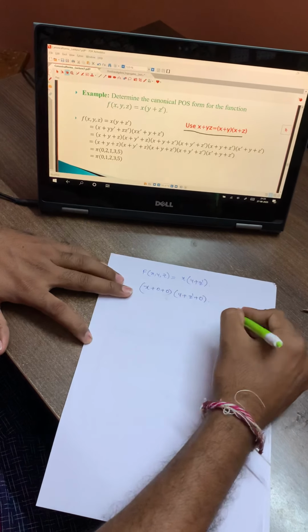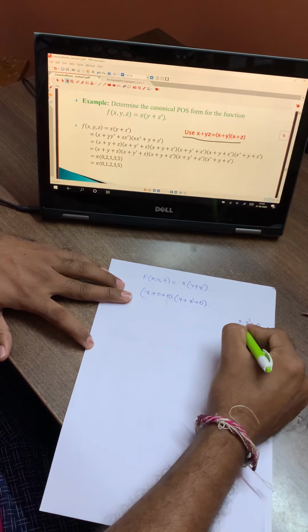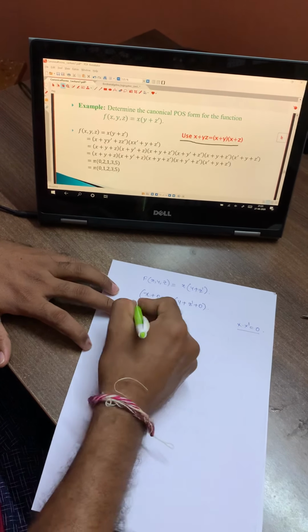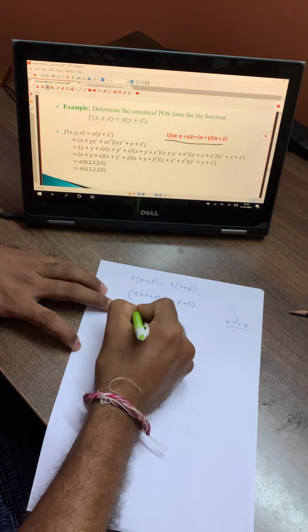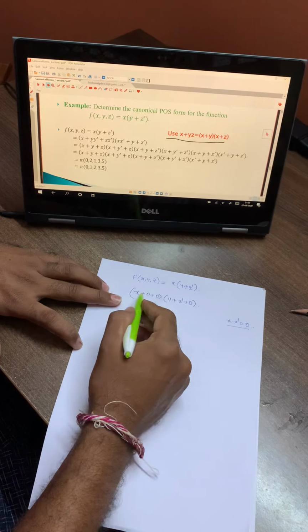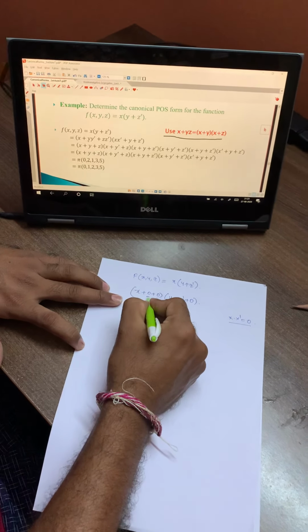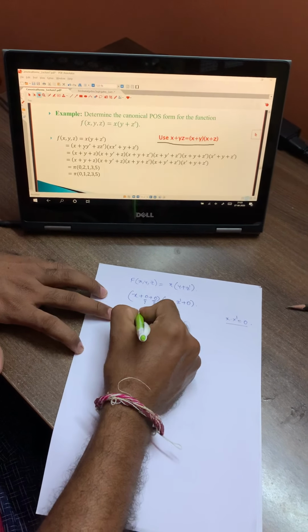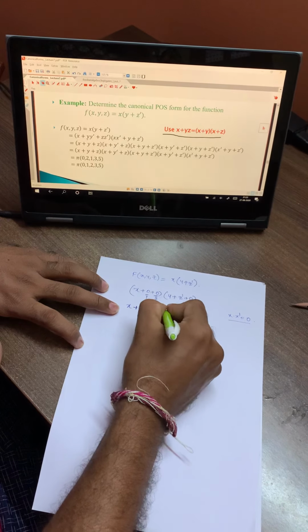This 0 we already know, x into x bar equal to 0. Same complement postulate we will apply here. So x plus, the two literals missing in this term are y and z, so that is y into y bar plus z into z bar.